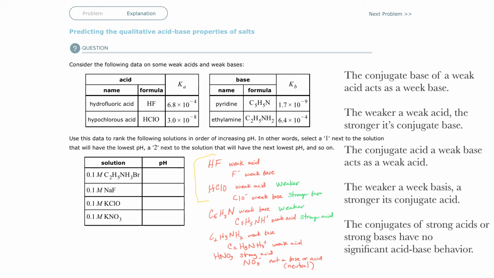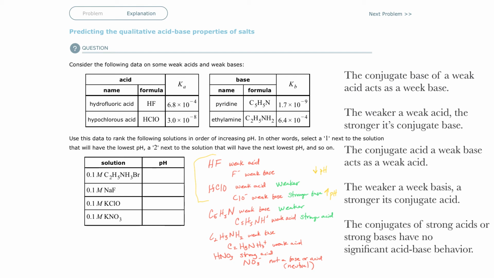So which one's going to have a higher pH? The stronger base is going to be more towards 14. So it will have the higher pH. And this one will have the lower pH of the bases.